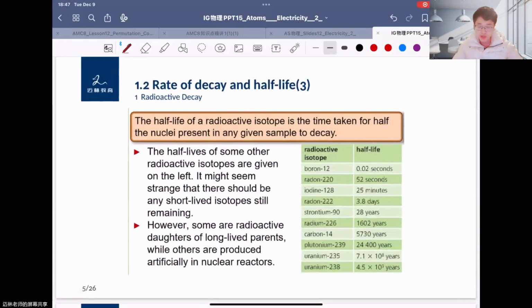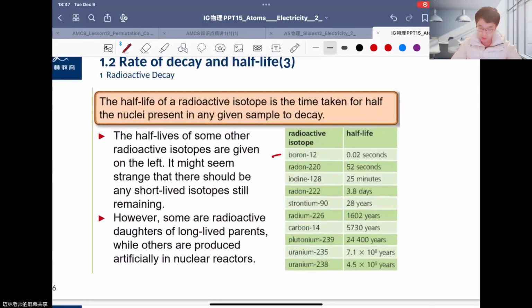Each of the atoms, or each of the isotopes, has a different half-life. In the first row you can find boron-12, and its half-life is very small, 0.02 seconds.